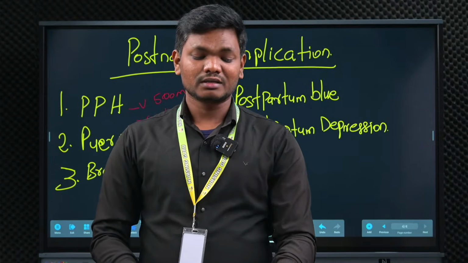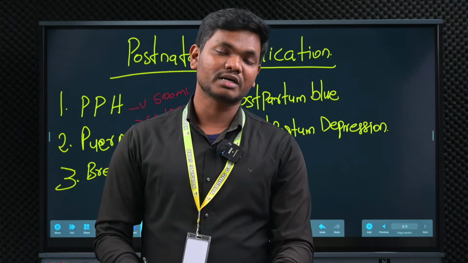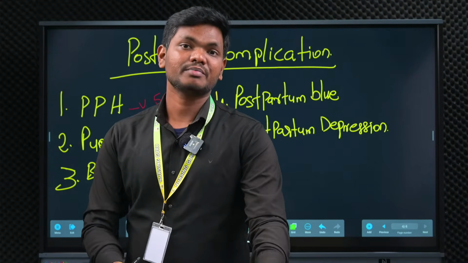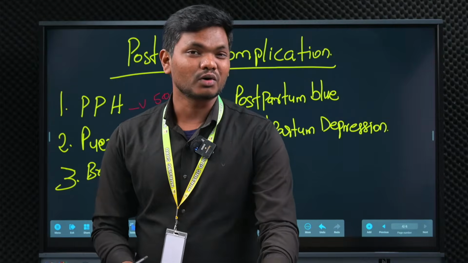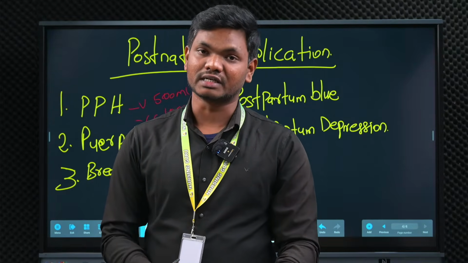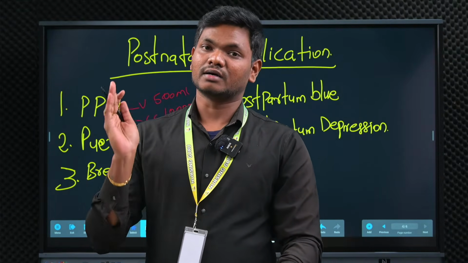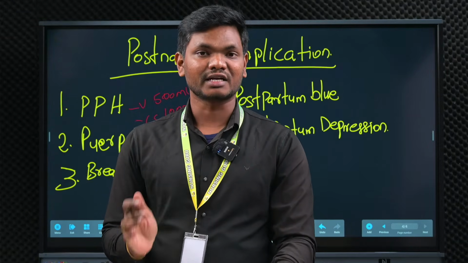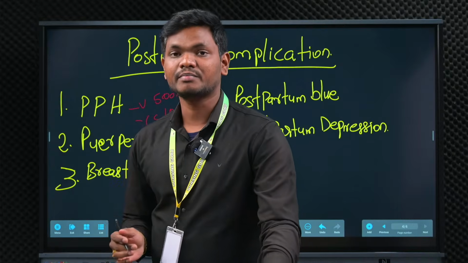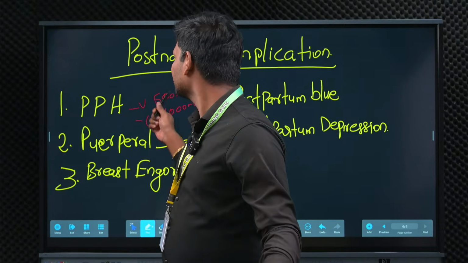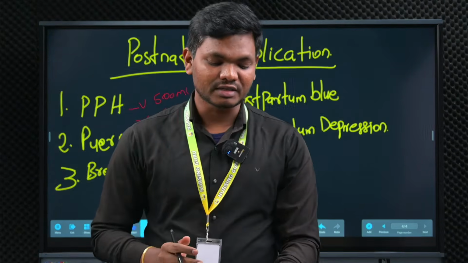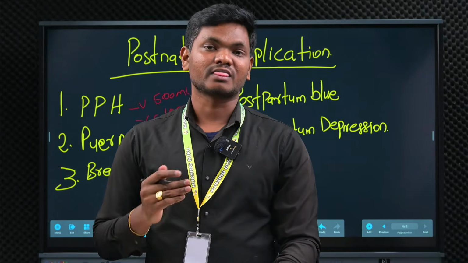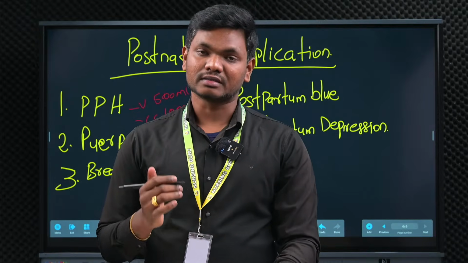Then types: there are two types of PPH, primary PPH and secondary PPH. Primary PPH will occur within 24 hours of delivery after the childbirth. So within 24 hours, when the woman is diagnosed with heavy bleeding, more than 500 ml in the vaginal delivery and more than 1000 ml in the cesarean section, that is known as primary PPH.